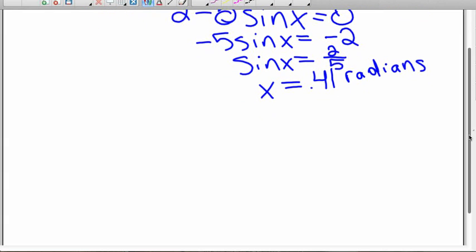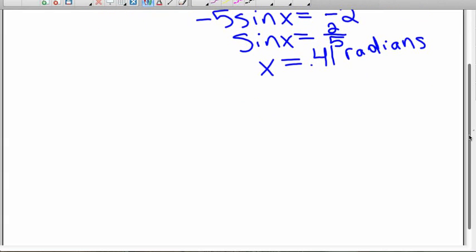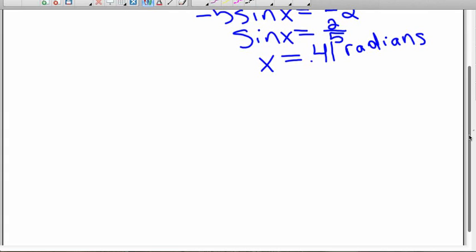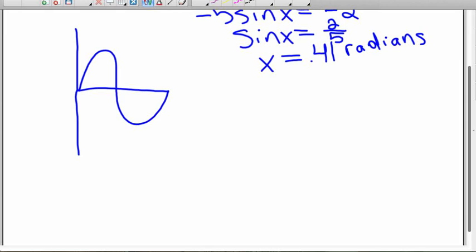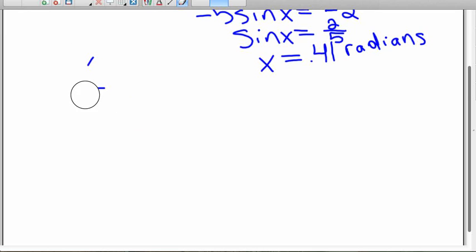Draw a sine. Alright, so then you plot your graph, plot endpoints, then the critical point, and you test each one.